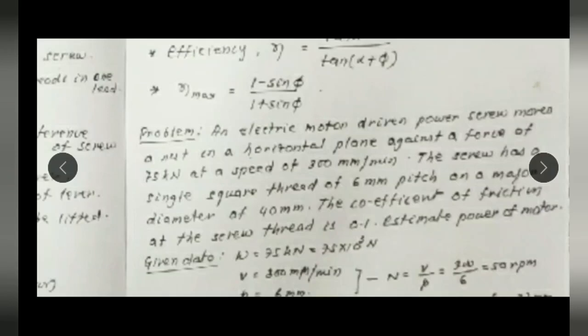In this case, what is the given data, and what is the data to be determined using formulas? The force of 75 kN is the load to be lifted, and the speed of 300 mm per minute is the speed of the nut. It is mm per minute.